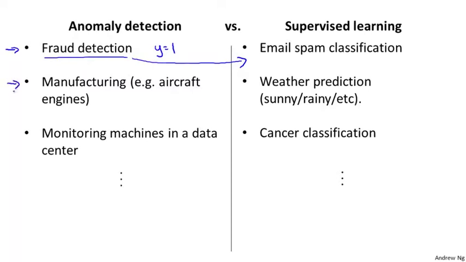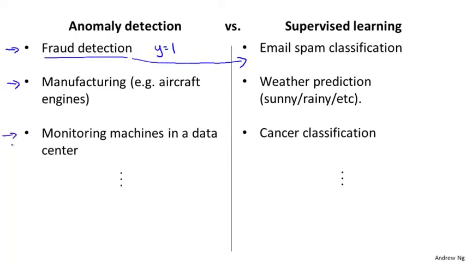Other examples, we talked about manufacturing already. Hopefully you've seen more normal examples and not that many anomalies. But for some manufacturing processes, if you manufacture in very large volumes and you've seen a lot of bad examples, maybe manufacturing could shift to the supervised learning column as well. But if you haven't seen that many bad examples of your own products, then I would use anomaly detection.